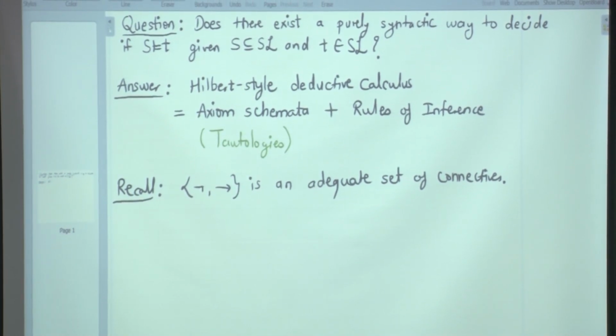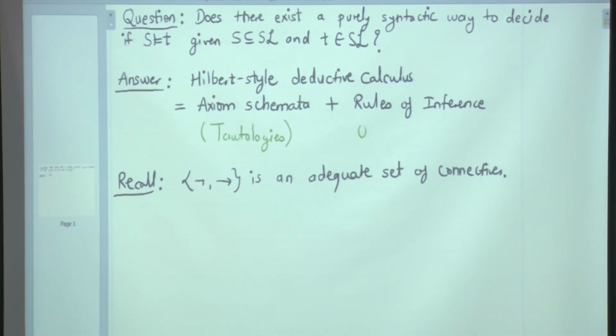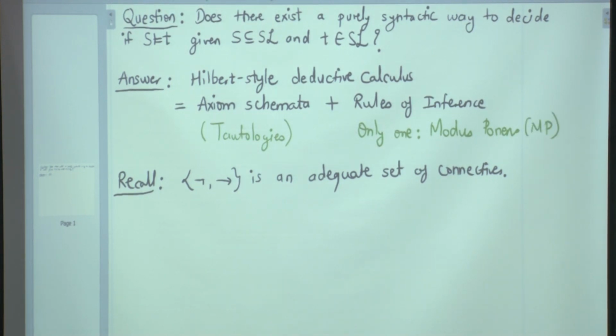And the rule of inference, there will be only one. So what is that? Modus ponens, or for short we are going to call it MP.